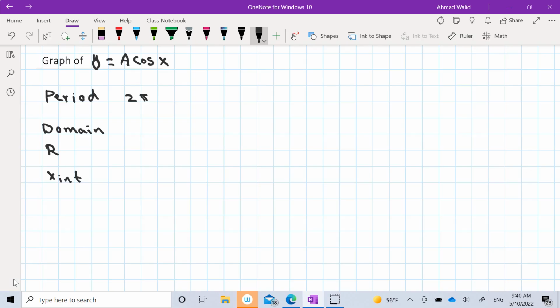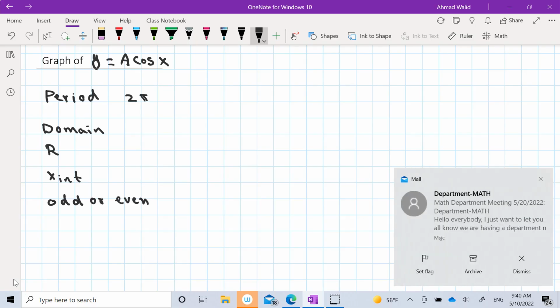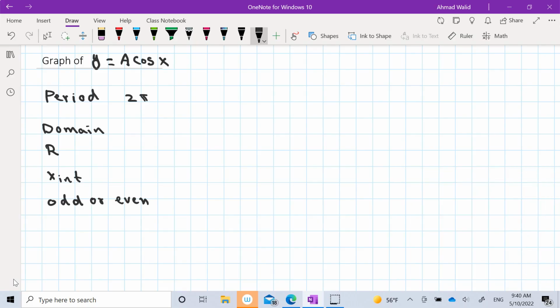We should know if our function is odd or even. After all this explanation, I'll do one simple example for y equals a cosine x. Then I may also cover the graph of a transformation.